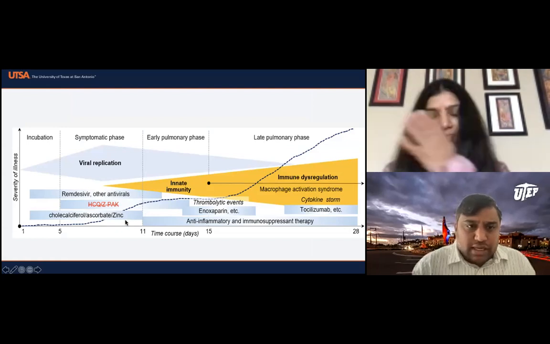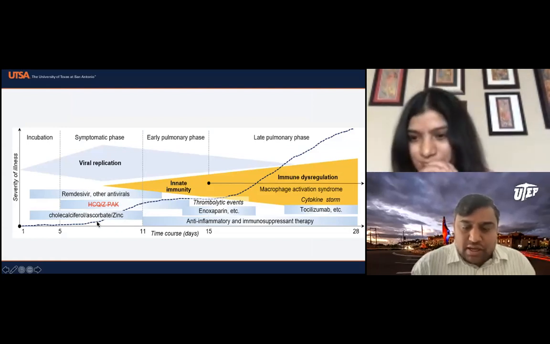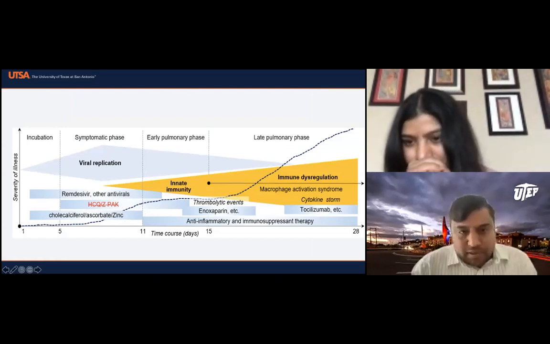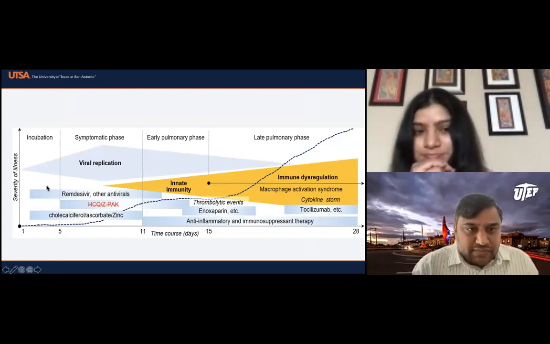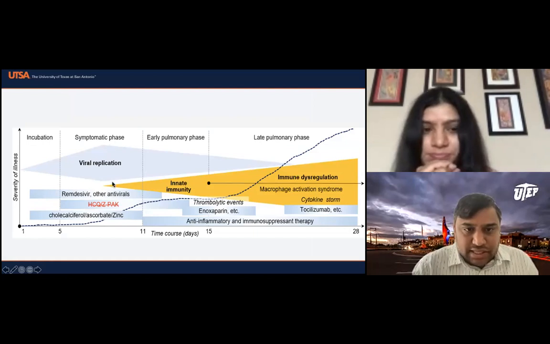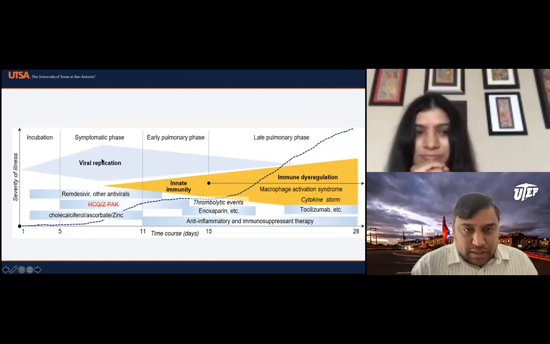If you look at the different stages of COVID-19, usually when a patient gets infected, the first stage is incubation, the second stage is a symptomatic phase where you'll see the symptoms, and this is a viral replication phase. Then there is an early pulmonary phase and a late pulmonary phase. We're targeting the symptomatic phase.